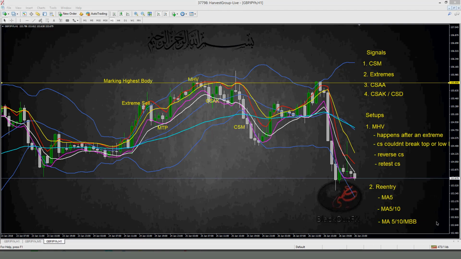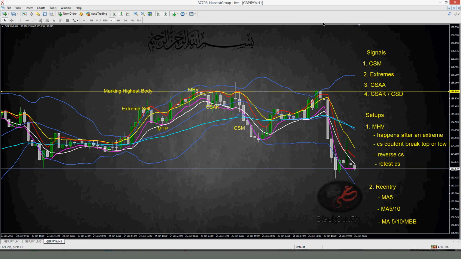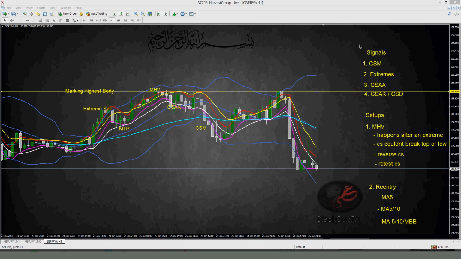In that sense, we need to make sure that we know what part of entries we are doing. Let's say, for example, right now we have a re-entry over here. We have CSM, and then we have re-entry.